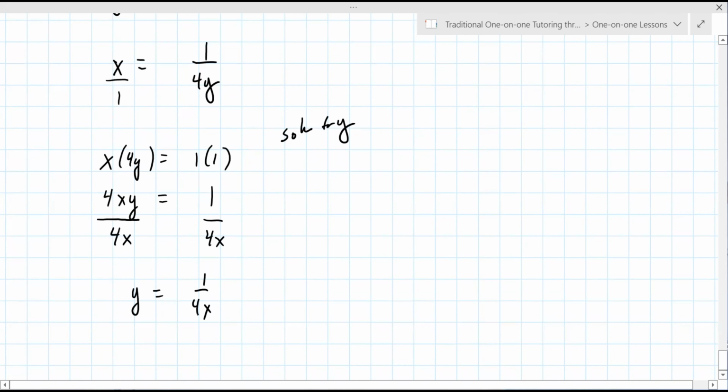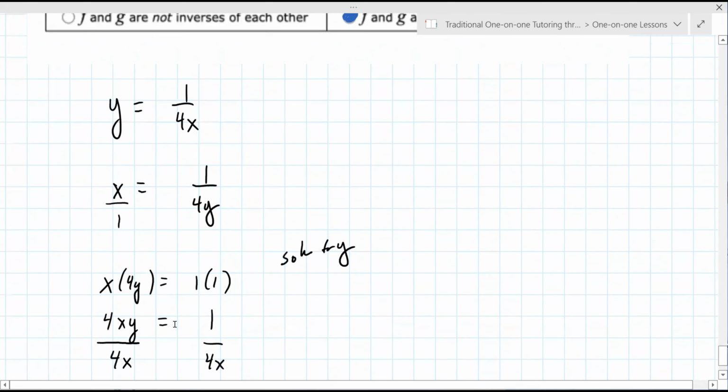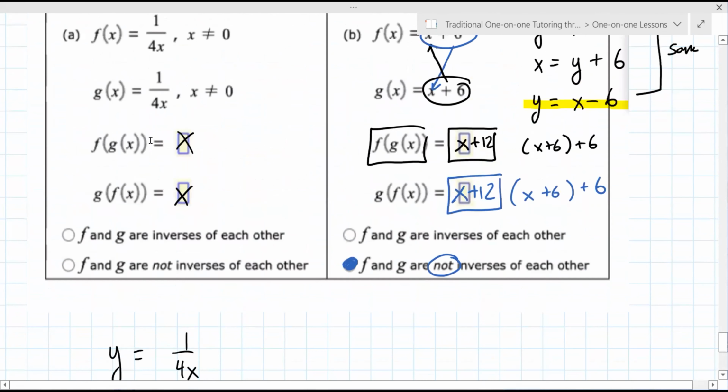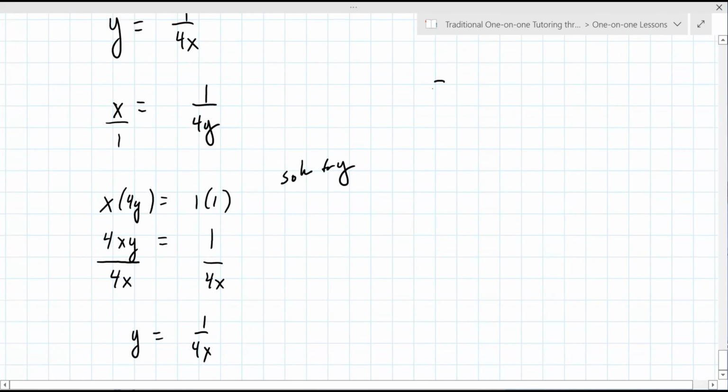So what I was trying to say is when the one you start with and your inverse are the same, that means automatically that this composition is x, but I'm going to show you that for this next one. This f of g of x means to take g of x, which is 1 over 4x, and plug that into the other one.